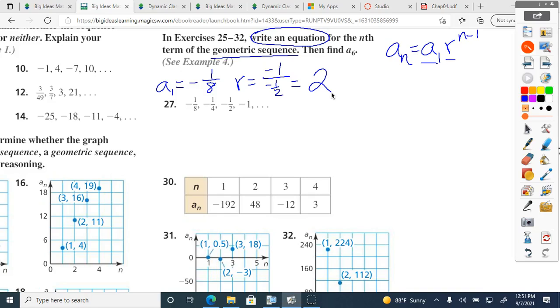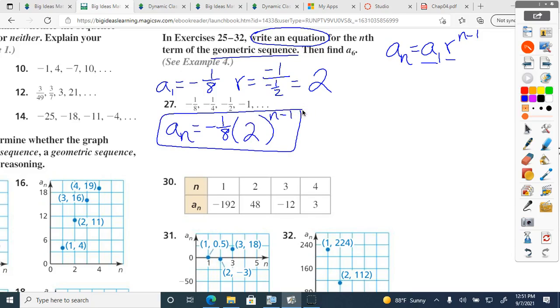Now we make the equation. So what's the equation? A sub n equals, what is A1? -1/8 times, in parentheses, what's R? 2 to the n minus 1 power. That is my equation.